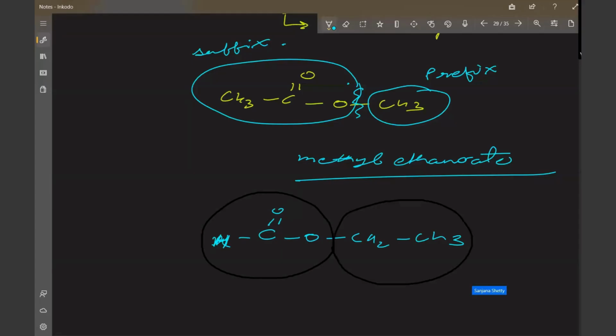Correct. Perfect. So the part without oxygen would be a prefix and this would be my suffix, correct?